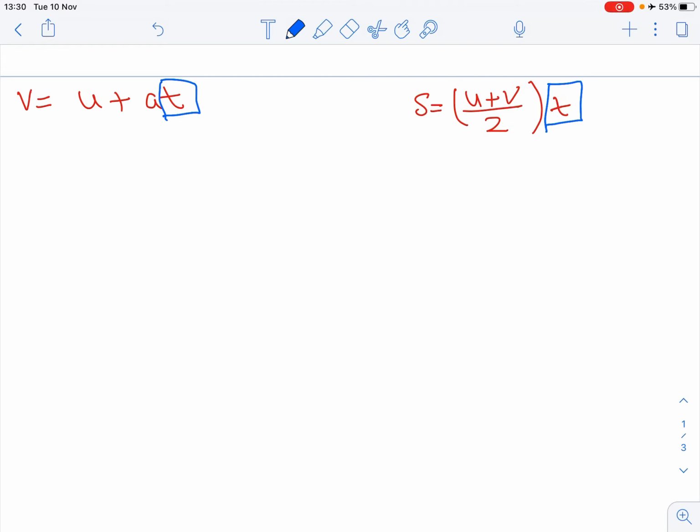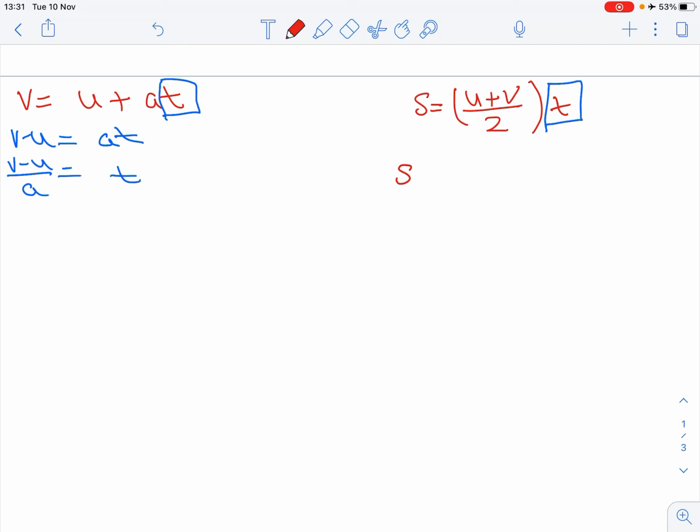So let's look at our velocity formula. How are we going to rearrange the equation to make t the subject? So we do v minus u equals at. Therefore, t is the same as v minus u over a. So what I have to do here is substitute t into here.